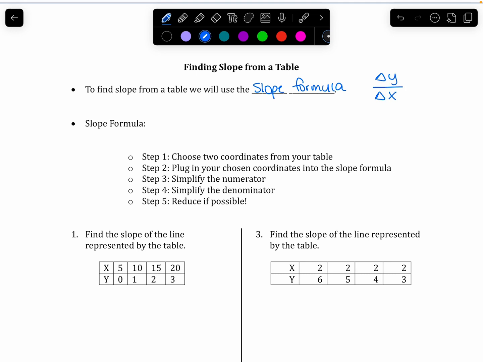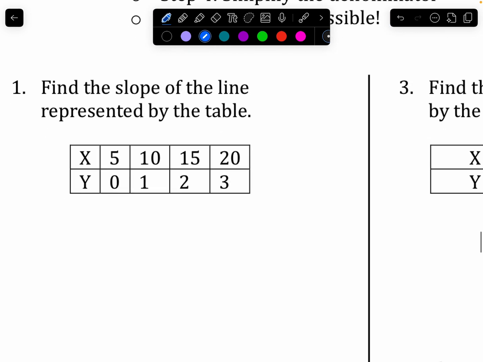The other way you can do it is this lovely thing called the change in y over the change in x. The slope formula, again, is y2 minus y1 over x2 minus x1. They are essentially the same thing.